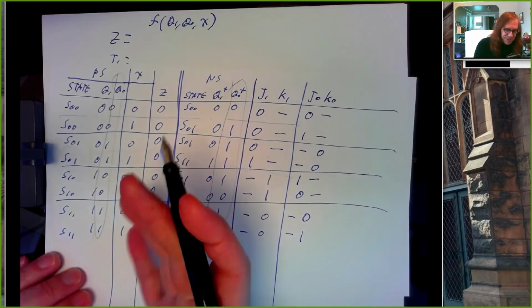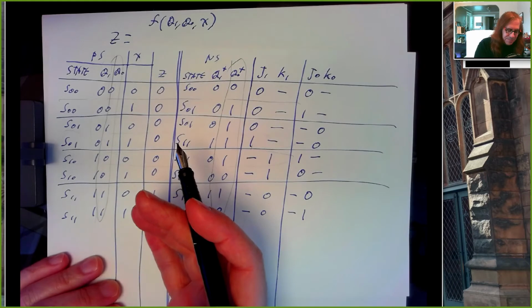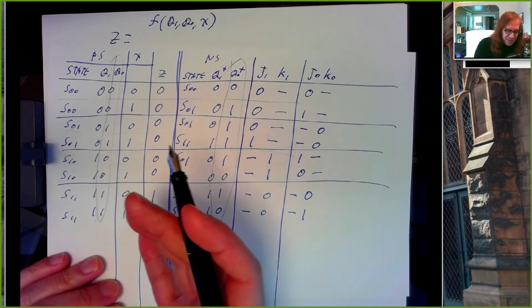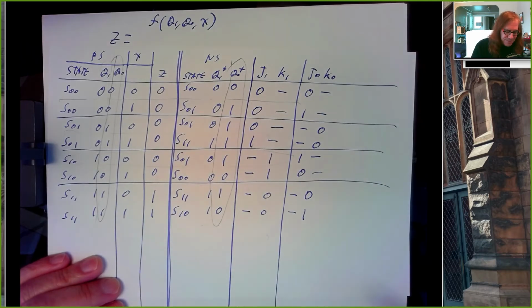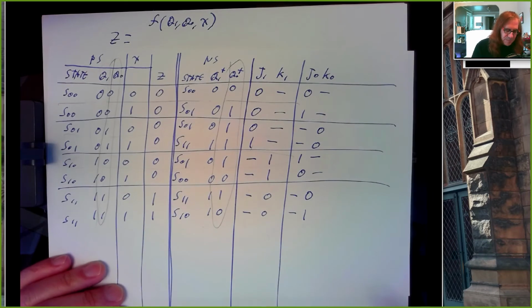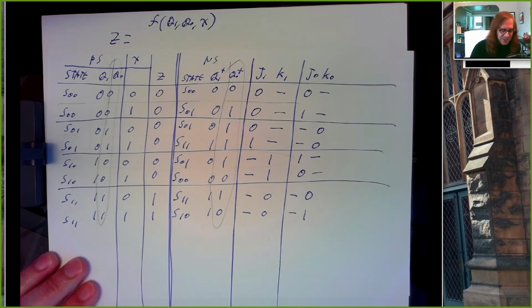All right, so let's deal with Z first. Z is pretty straightforward. Can anybody see an equation for Z without having to do a K-map? S11. Q1, Q0. Yeah, so we can AND Q1 and Q0. Yes, you're right.